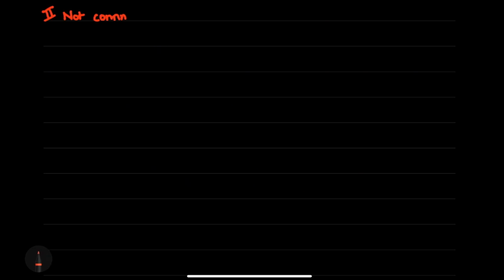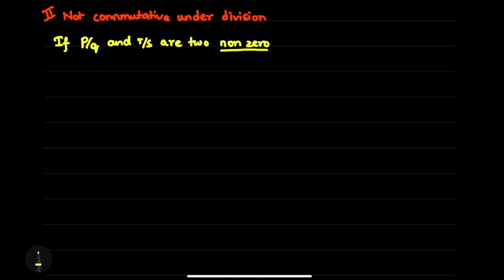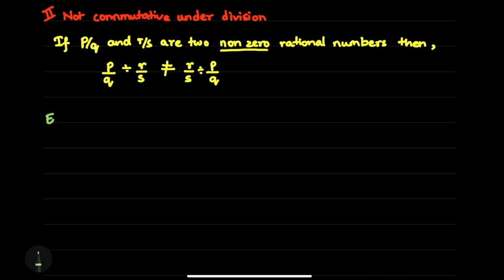Next, we need to understand that division is not commutative in nature. This means that if p by q and r by s are two rational numbers, then p by q divided by r by s is not equal to r by s divided by p by q. Let's again take the example of minus 2 by 5 and 3 by 7, for which we already calculated the value as minus 14 by 15.